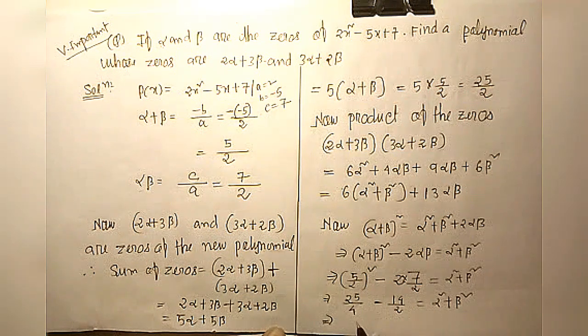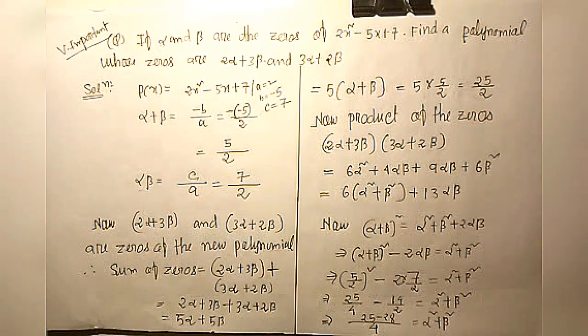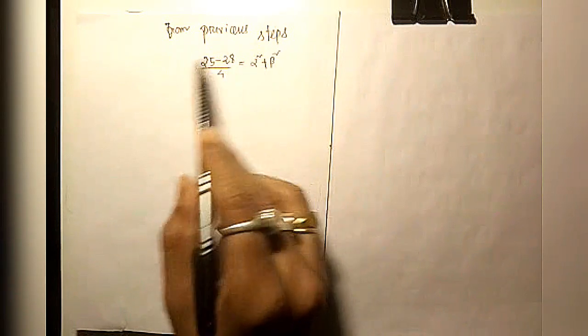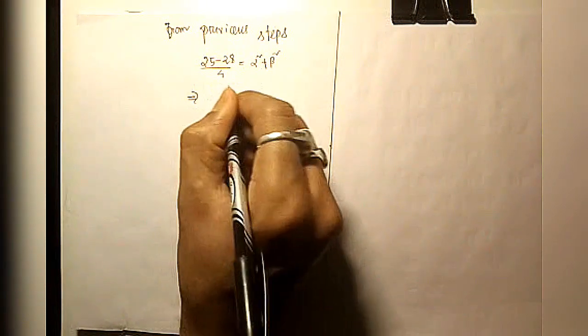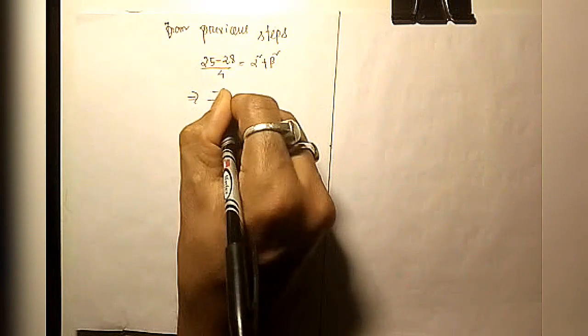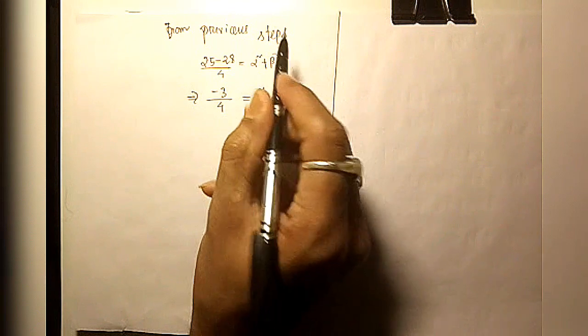The LCM is 4, so 25 minus 28 by 4 equals alpha square plus beta square. So it's minus 3 by 4.